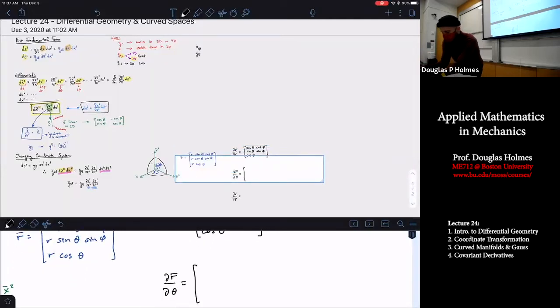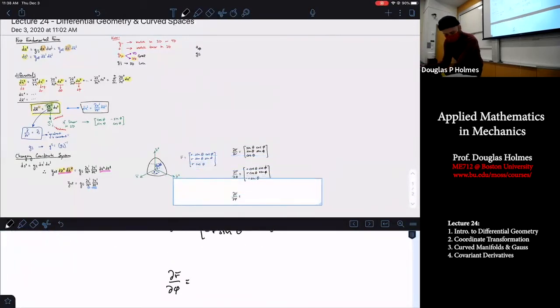This one's a little bit messier, but not too bad. r cos theta cos phi, r cos theta sine phi, and negative r sine theta. Does everyone see what I'm doing? I'm just calculating these little derivatives here.